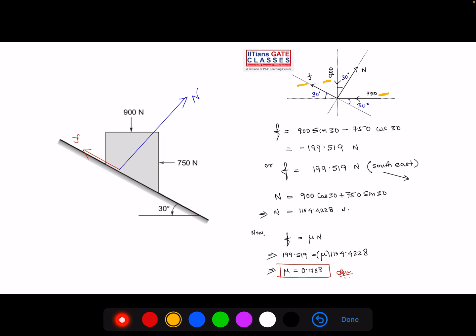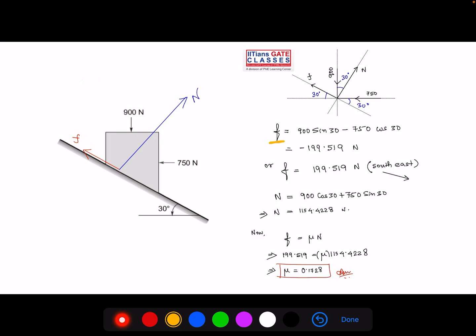There are 4 forces. You are required to find out the friction force and the coefficient of friction, right? Now we can resolve these forces 900 and 750 Newton, right? Then you can write friction force is equal to 900 sine 30. This angle is 30 degree. So the component of 900 Newton along this direction will be 900 sine 30, right?